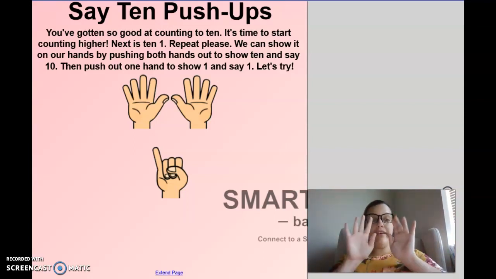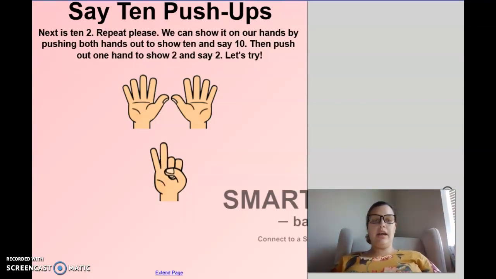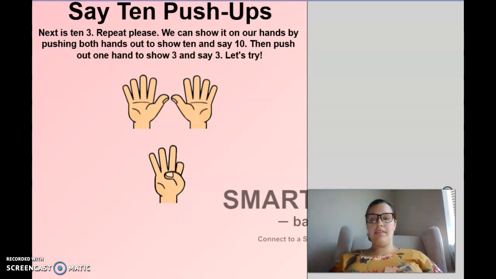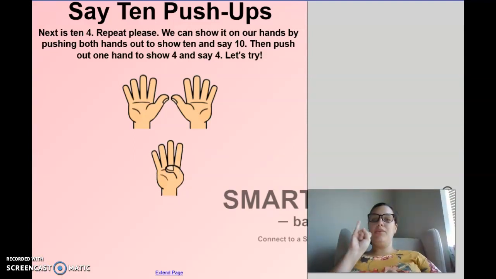Very good. Do it with me. 10, 1. Now we're going to figure out what comes after 10, 1. So 10, 1, 2. 10, 2. Now we're going to figure out what comes after 10, 2. 10, 3. 10, 1, 2, 3. 10, 1, 2, 3, 4.